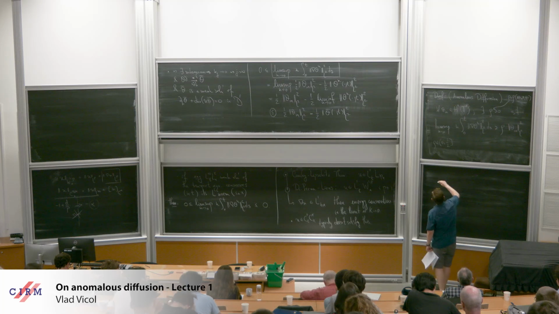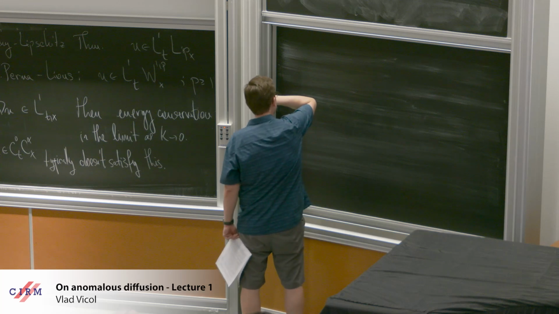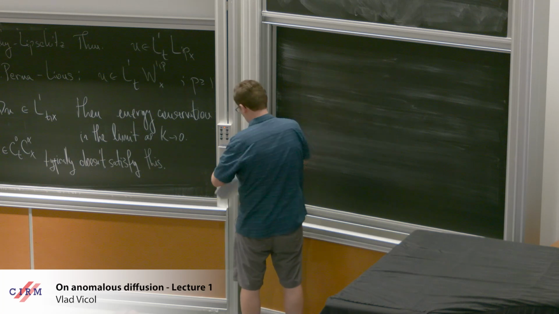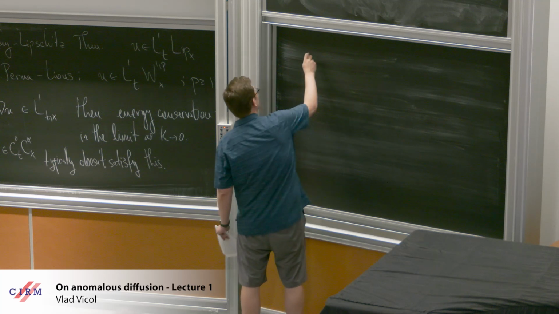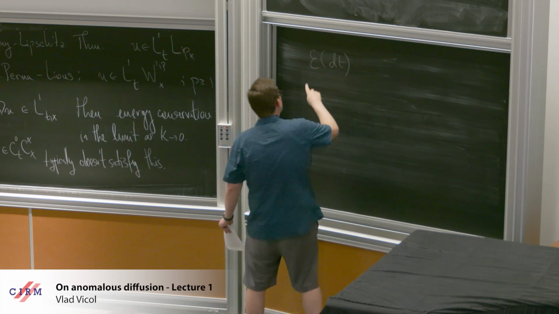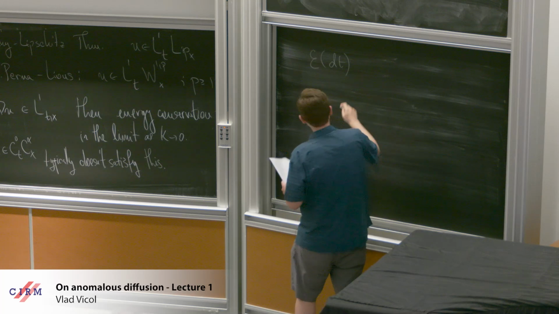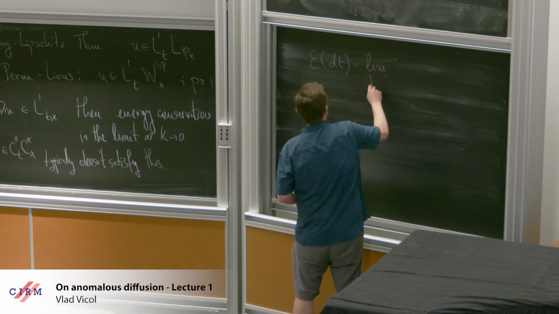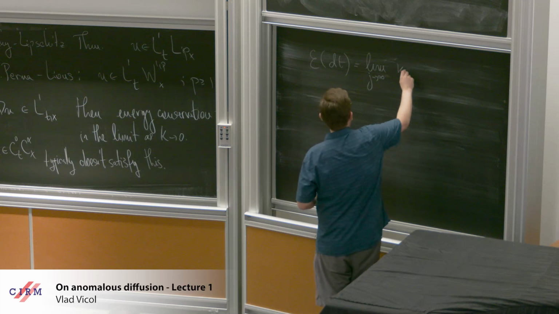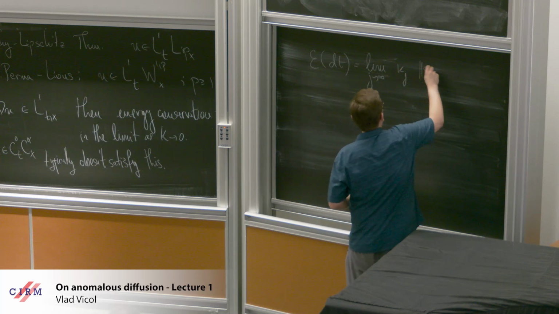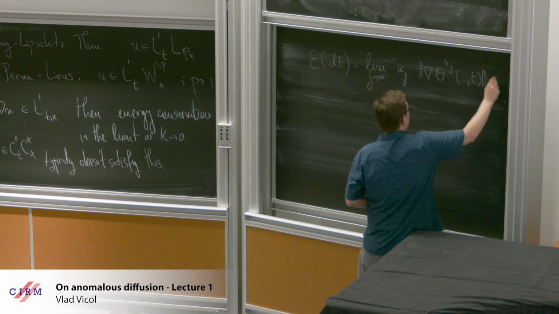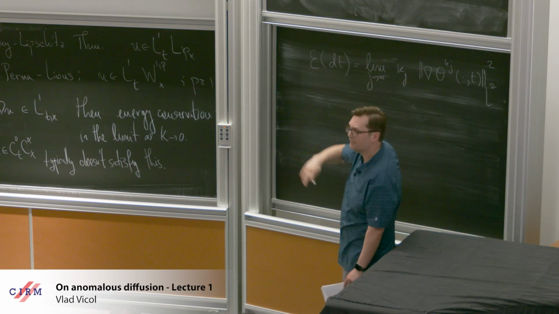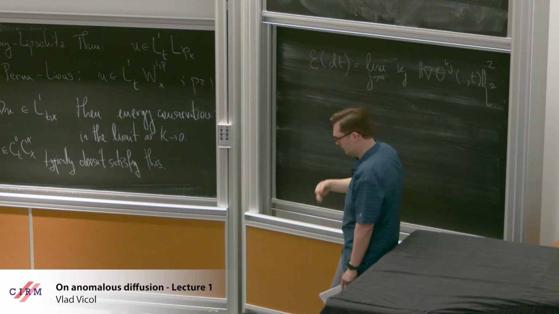So you can define, let's say from 0 to 1, a measure E of dt, which is a limit as j goes to infinity of kappa j, along any kappa j along which you have convergent subsequences in L infinity L2.